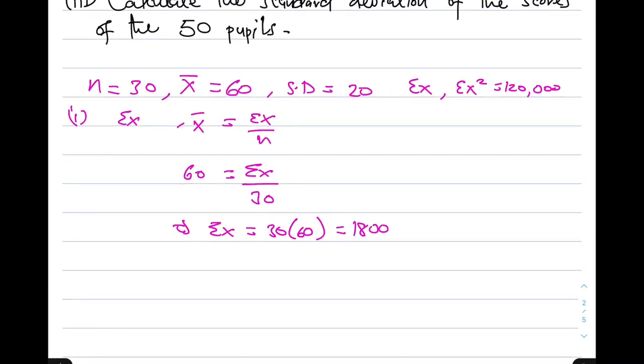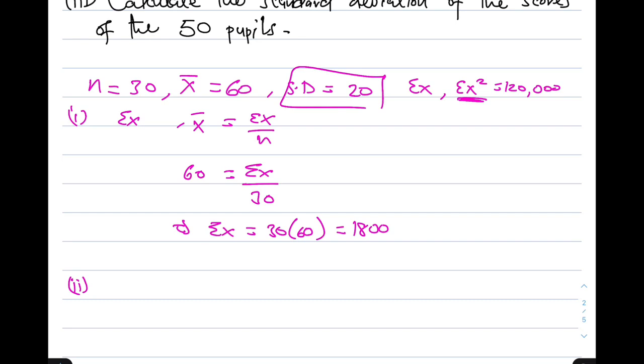Now the second part said that we should prove. The fact that we have sigma x squared means that we are dealing with either the standard deviation or the variance formula. We were given our standard deviation. We can square it so that we will be working with variance.